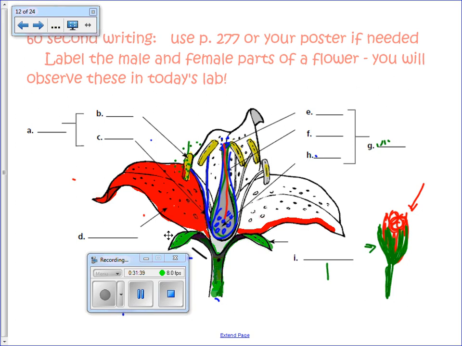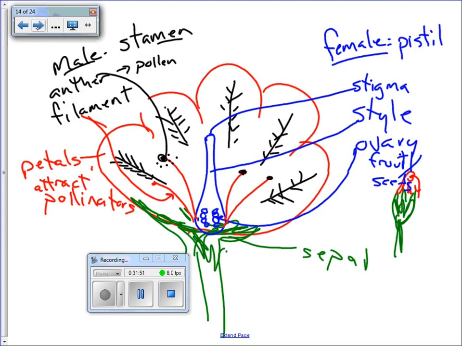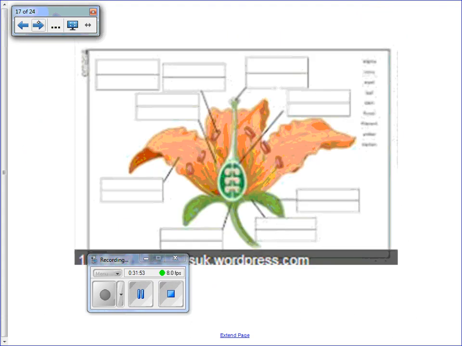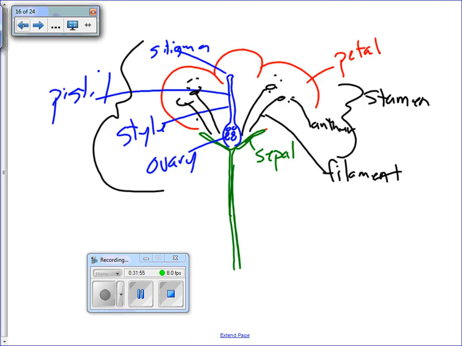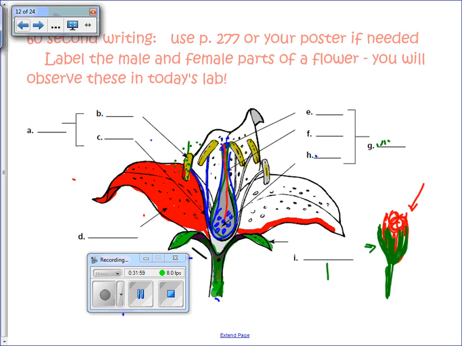If you do a search on the internet, you can find lots of different pictures that are labeled. The trick is, of course, that some of them have much more information than you need, but just look at those things. So that is everything we need. You'll see it on the quiz, and as I mentioned, tomorrow in the lab, you will get to see all of these parts.